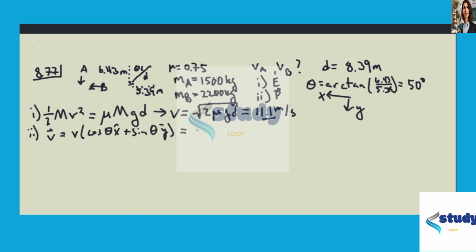So you work this out and you find that the velocity vector immediately after the collision was 7.14 meters per second in x and 8.5 meters per second in y.